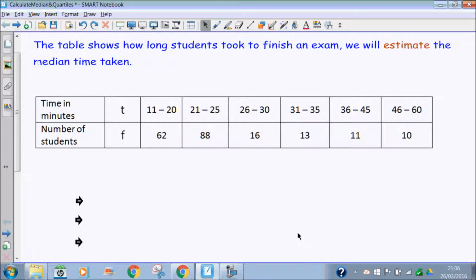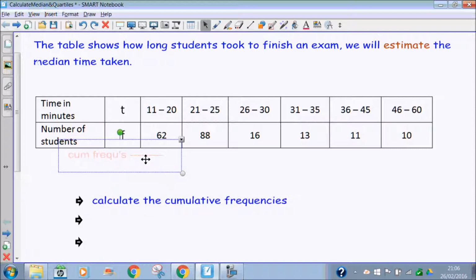So to summarize, there are three stages to estimate the median. First of all, calculate the cumulative frequencies.